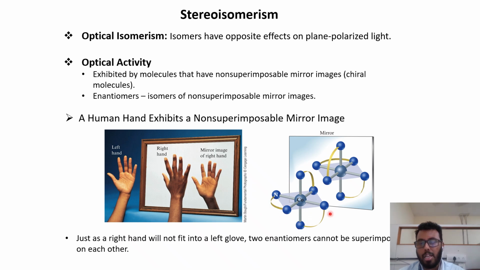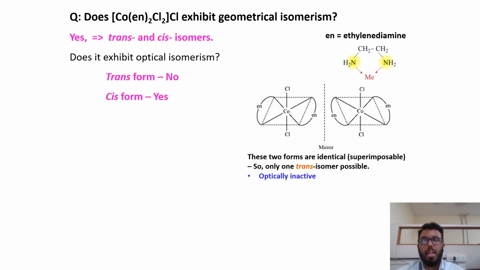So whatever the ethylene diamine ligands facing toward the viewer will move away from the viewer, and this one, which is away from the viewer, has now moved toward the viewer. This is toward the viewer, that has moved away from the viewer, and this is also the same thing. So non-superimposable images. So you have to write this when you are writing this essay type question.